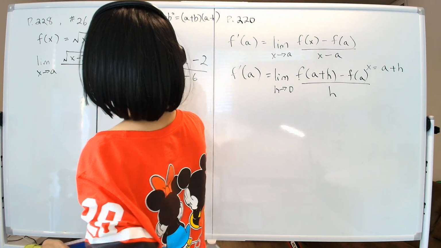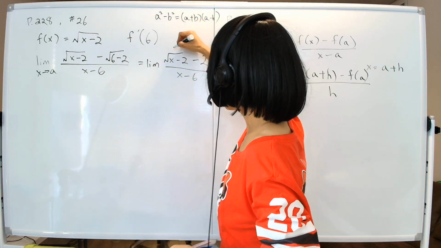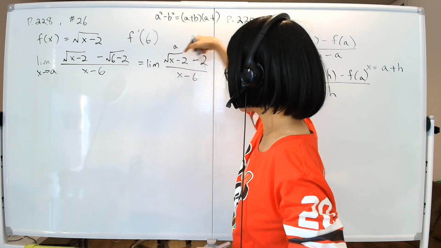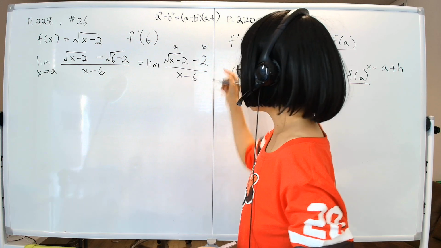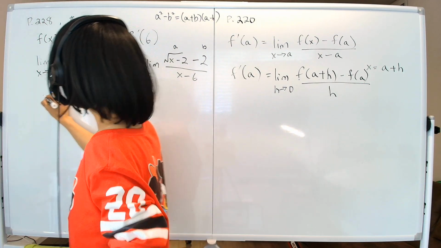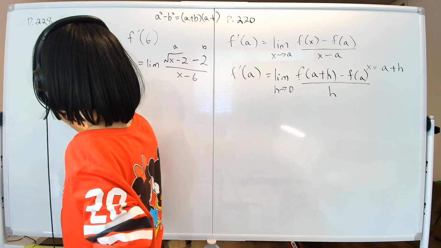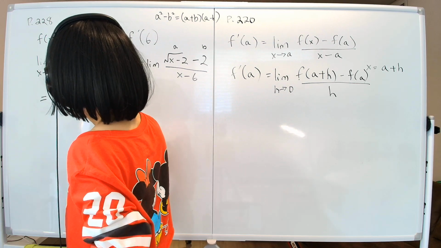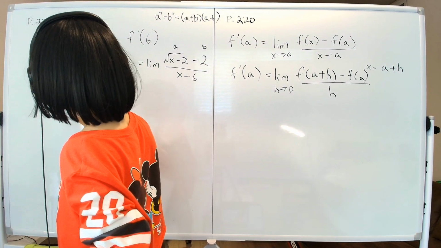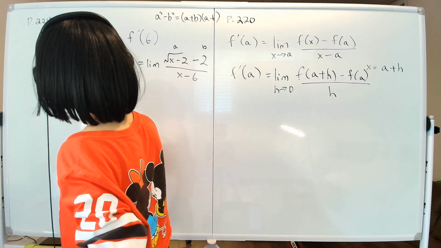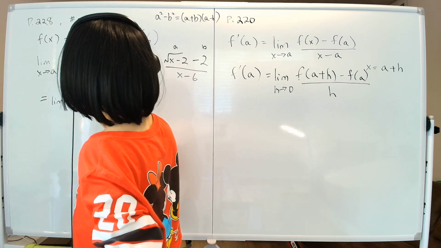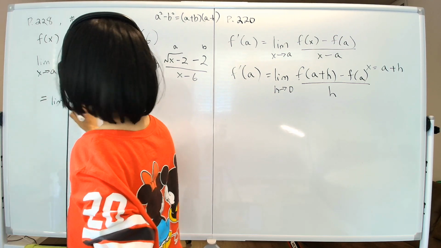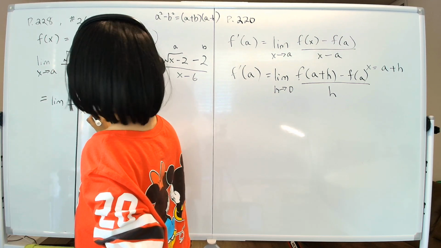So considering this to be A, the whole thing under the square root, and that's B, we will multiply it like this. So that equals the limit of, you copy down this thing first. So we have square root of x minus 2 and then minus 2, over x minus 6.